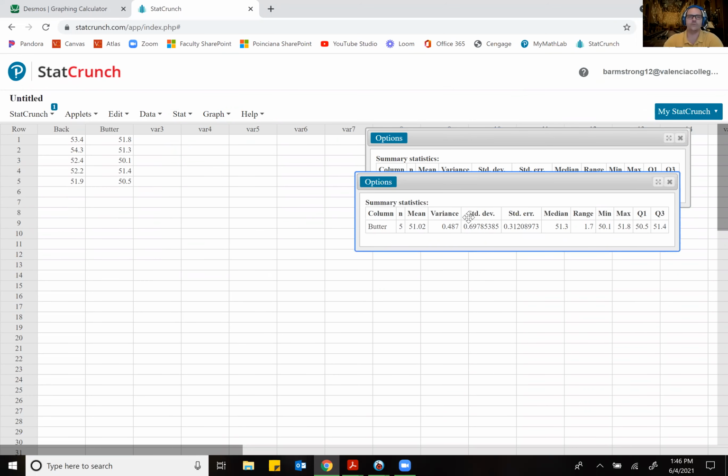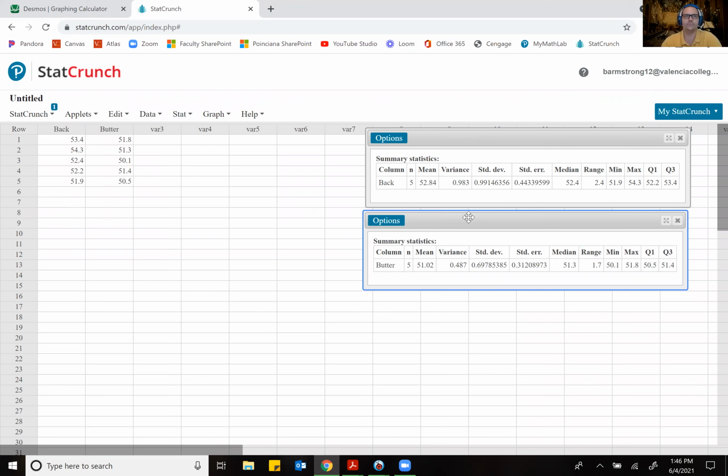All right, now we've got information that we can fill in. So we've got our mean, which is right here. For the back, it's 52.84. For the butterfly, it's 51.02. And we have our standard deviation. Make sure that you are conscious about the rounding on this.